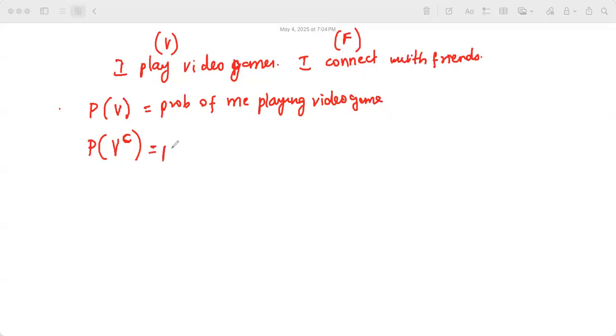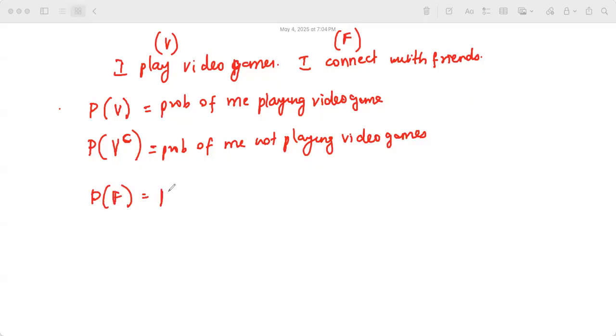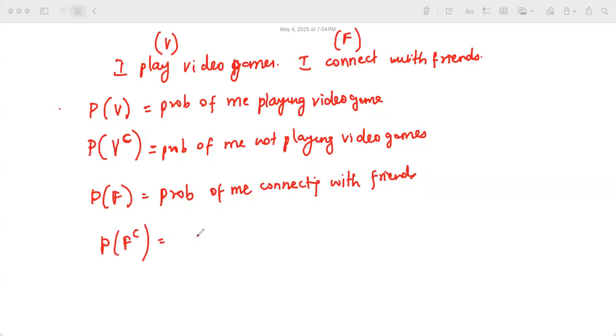This is the probability of me not playing video games. Then probability of F is the probability of me connecting with friends. Then what is this? Who can tell me what this is?